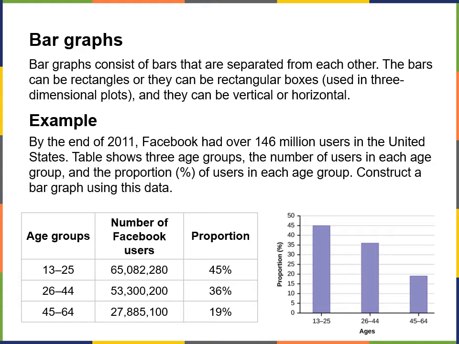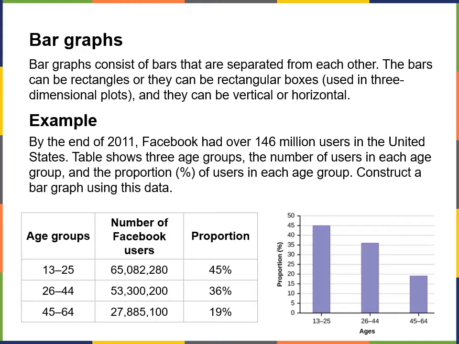Another way to visualize your data is with bar graphs. I'm sure we've all seen bar graphs before. Again, with a frequency table, these work out very, very well in creating the bar graph. Essentially, each class is represented by a bar. So if we look at something like this, in 2011, Facebook had 146 million users in the United States, and we're looking at the different age groups and how many users they had.